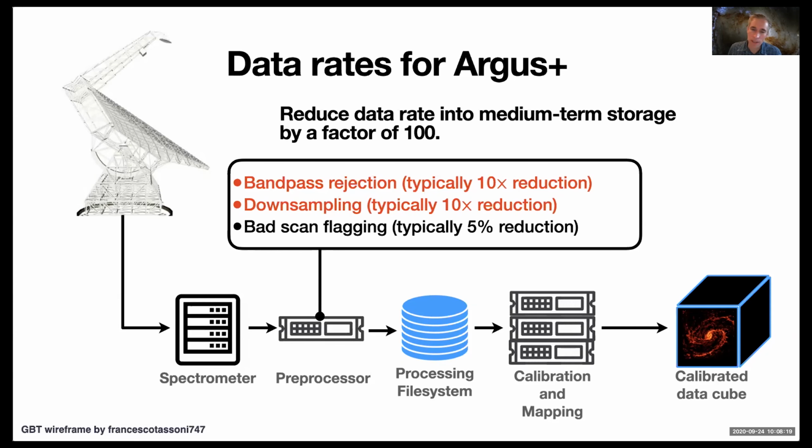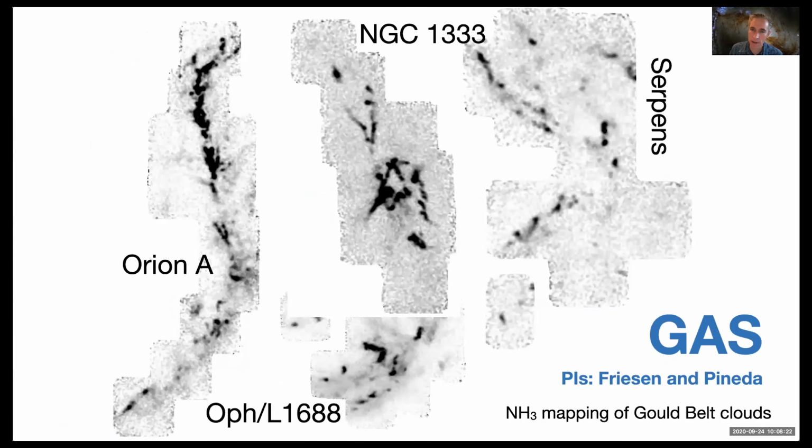To meet these challenges, I want to talk a bit about some progenitor surveys that have helped us get to where we are. And this started with the Green Bank Ammonia survey. And Rachel Friesen talked about that yesterday. And Rachel, working with Jaime Pineda, led us through this mapping exercise with the K-band focal plane array. And that really laid the groundwork for some of the software that we needed for large-scale mapping surveys.